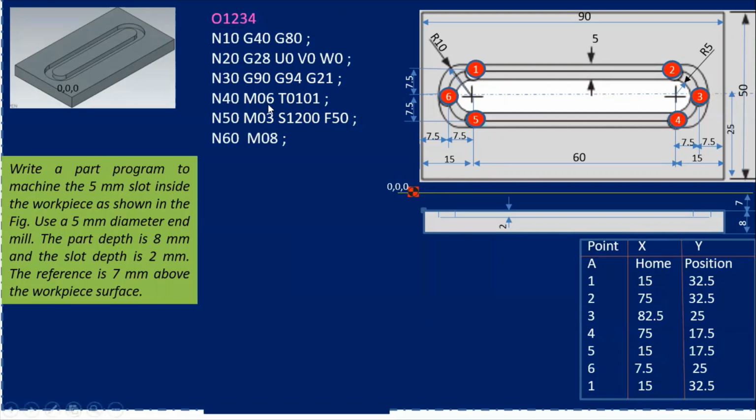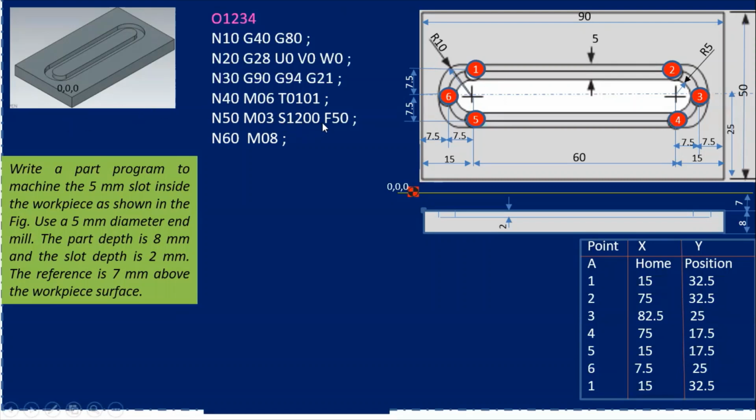Then M06, that is a tool change. So I've taken tool number 1. 01 is the tool number, and again this 01 is nothing but the tool offset value for tool number 1. Then the next block is M03, which means we just started the spindle in the clockwise direction at a speed of 1200. You can see S stands for speed.